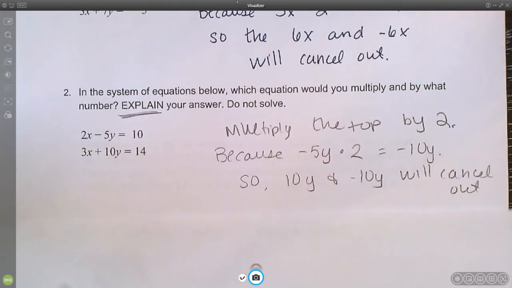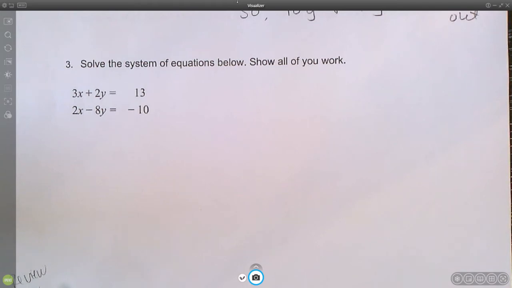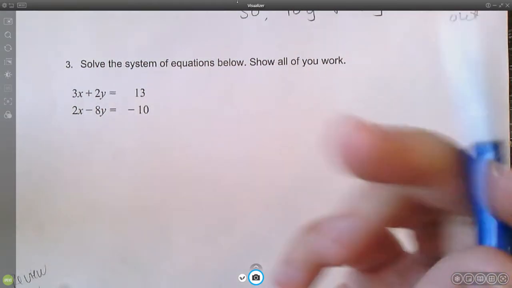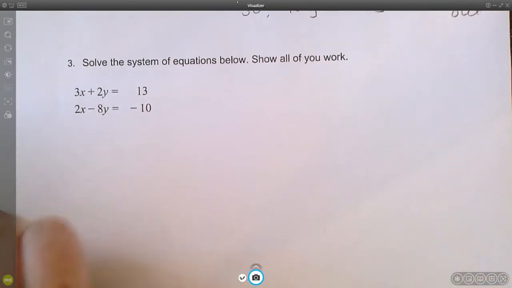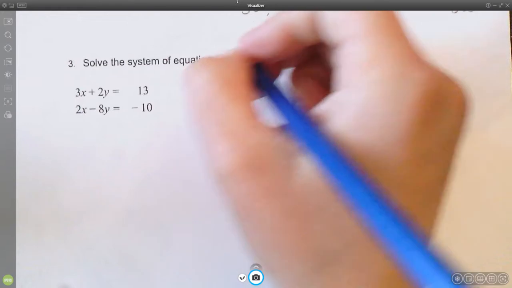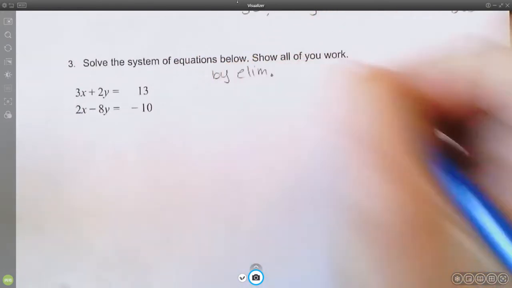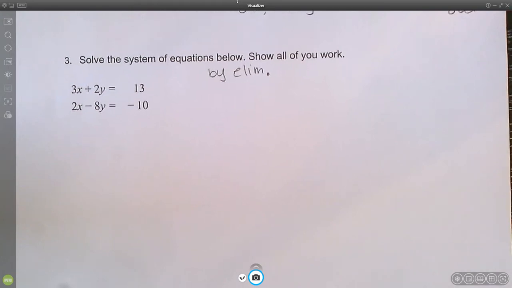Okay, there's number 2. Number 3 says, solve the system of equations below, show all of your work. Okay, so when you are solving a system, this should say solve the system of equations by elimination.